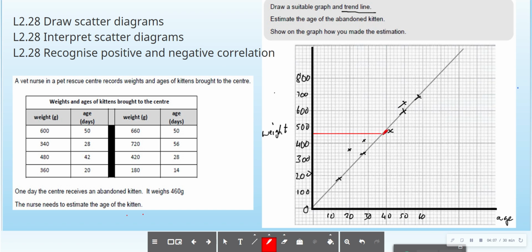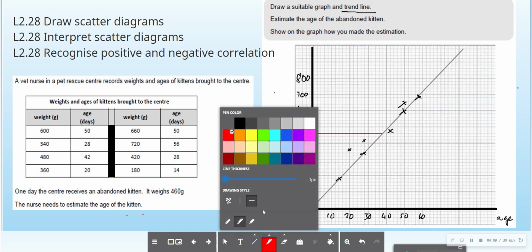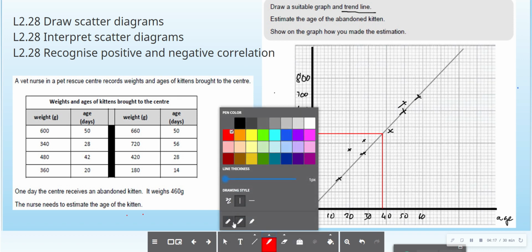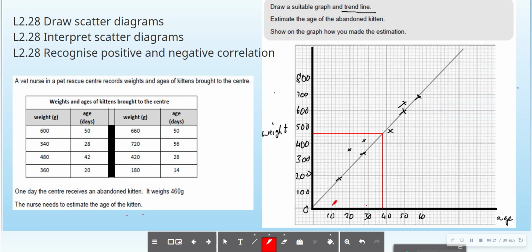Once we get to our trend line, we stop and then we draw a vertical line down from our trend line down to our age, and from there we can make an estimation of how old the cat is. So 30, 32, 34, 36, 38. So we can assume, our guess would be, the kitten would be 38 days old.